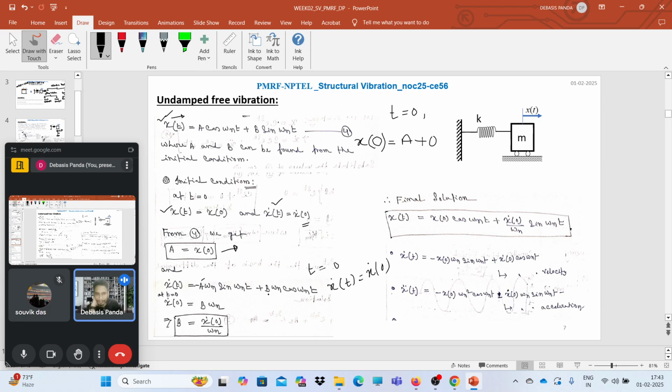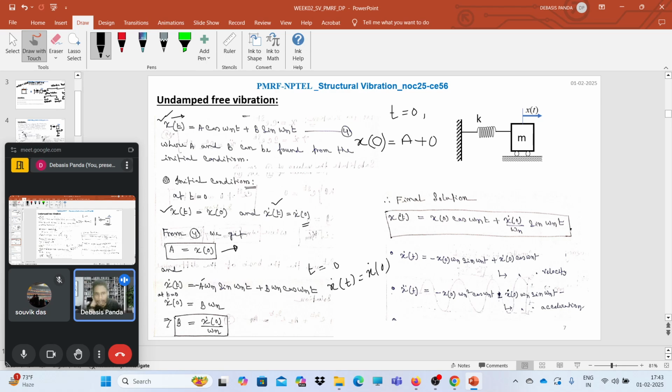Now put all these things, you will get that b is equal to x dot naught, the initial velocity at t equals 0, divided by omega n. So we have found the values of the constants a and b.